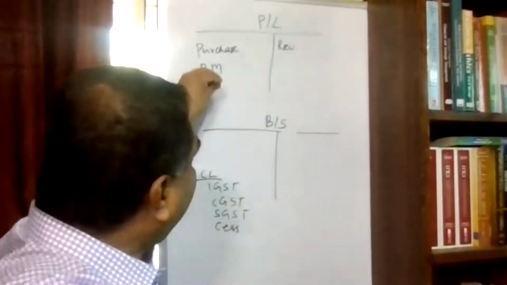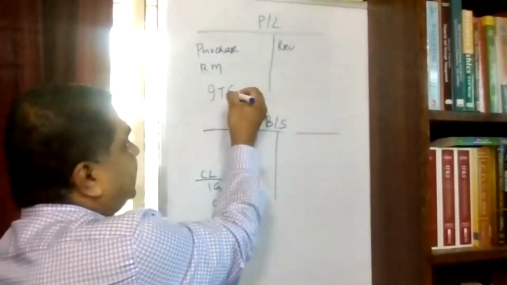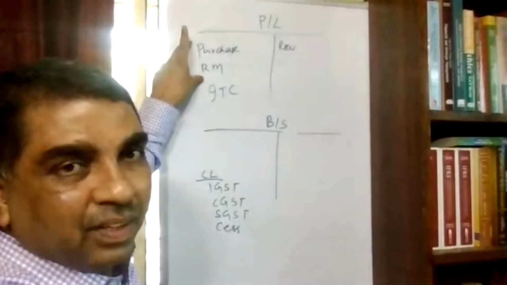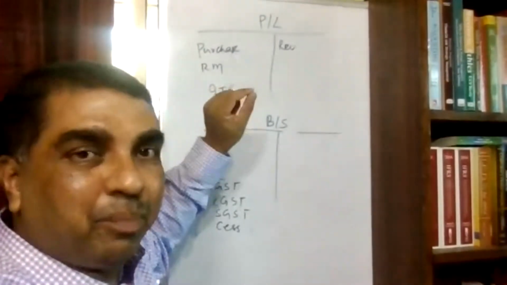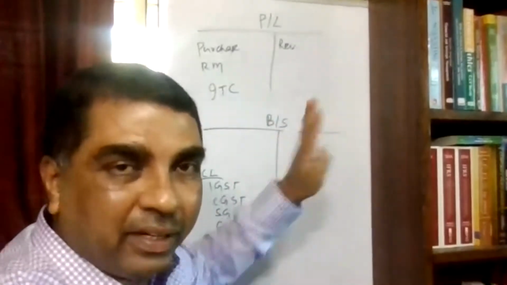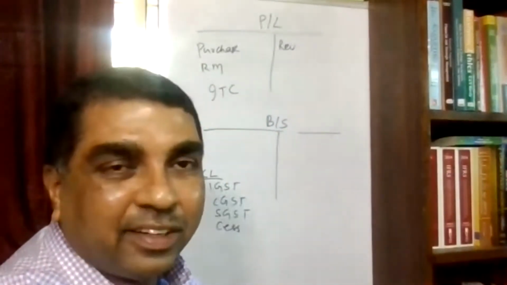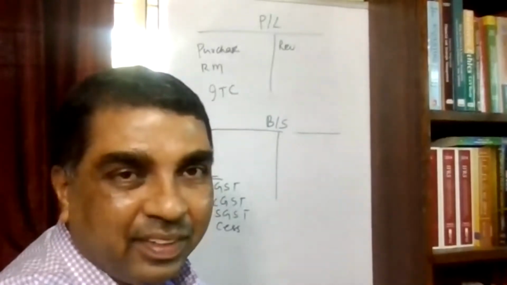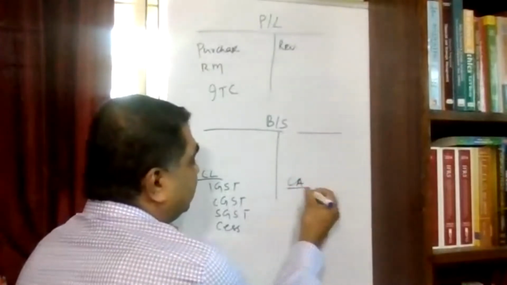That GST which you are paying is your ITC, your input tax credit, because these are the inputs. You can avail that credit. The moment you purchase, you use the material, but immediately you need to recognize this asset, the input tax credit. This asset should be reflected in your current assets.